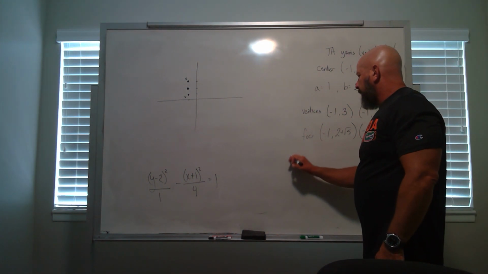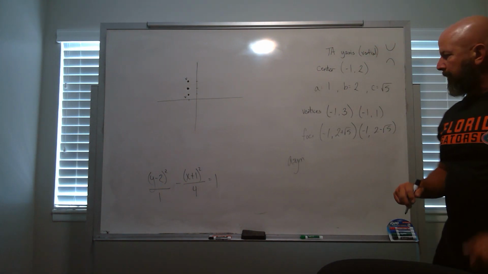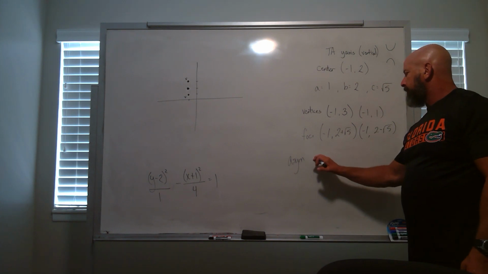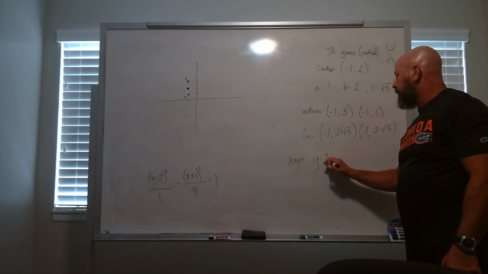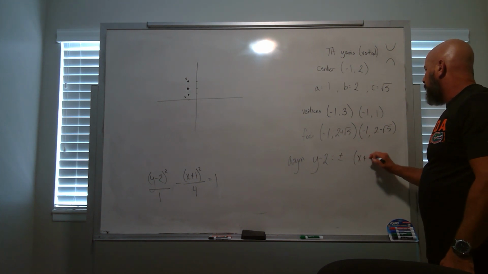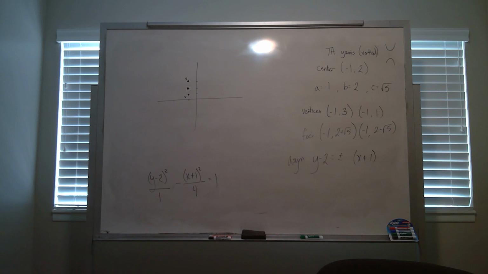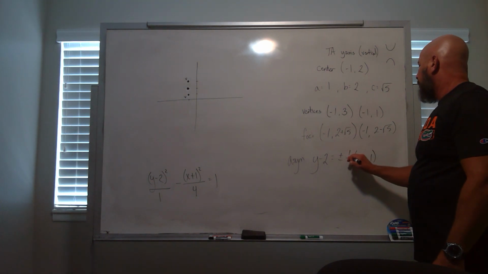The important piece here, because it's going to tell me how wide to draw those hyperbolas. So the asymptotes. y minus 2 equals plus or minus, and I know I've got an x plus 1 over here. So that's slope. If the transverse axis is the y-axis, if it's vertical, that means that slope is going to be the a over the b, which would be 1/2.